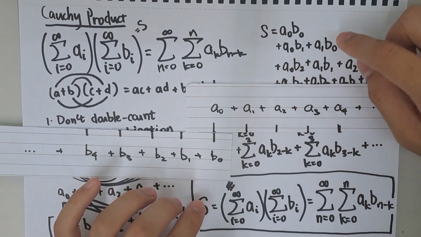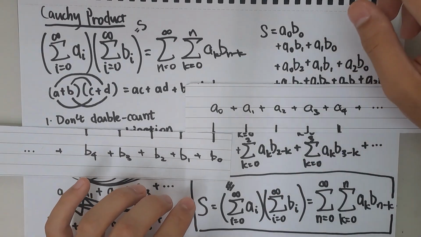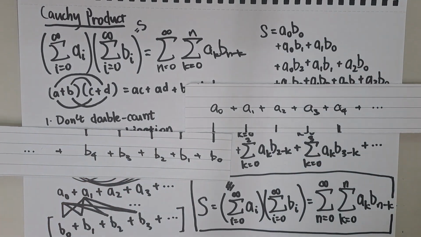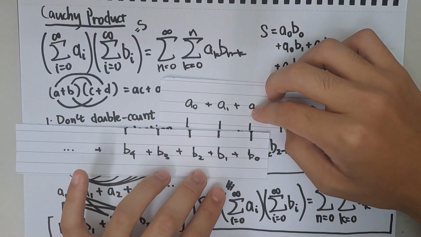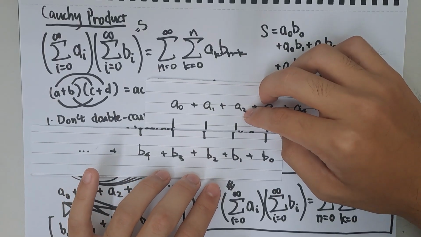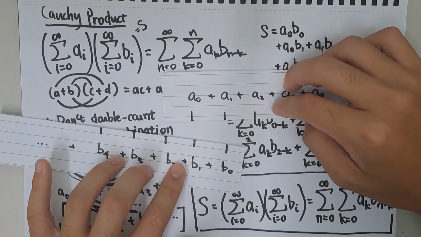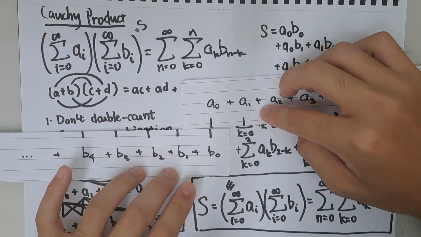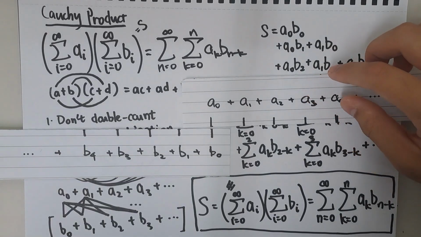And now we can follow A1, and we can see that, well, over here A1 doesn't match with anything. Here A1 matches with B0, here A1 matches with B1, and so on and so forth. Again, by the same logic, A1 matches with every single B term exactly once.